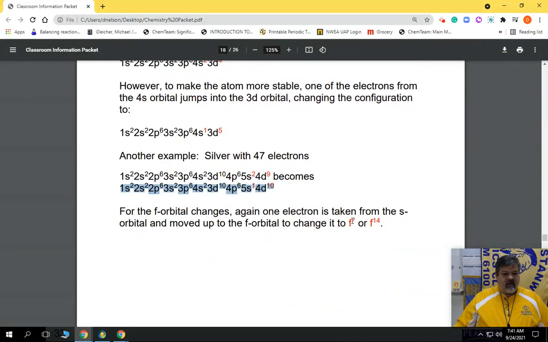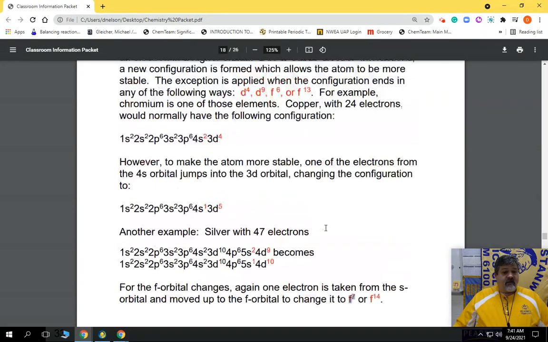Same thing if I had f6 or f13: f6 would go to f7, and f13 would go to f14, and we take 1 away from the previous s. So that's an exception.